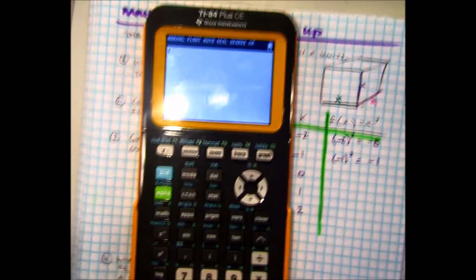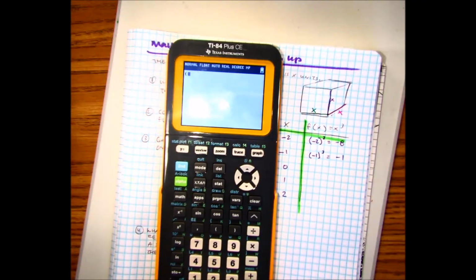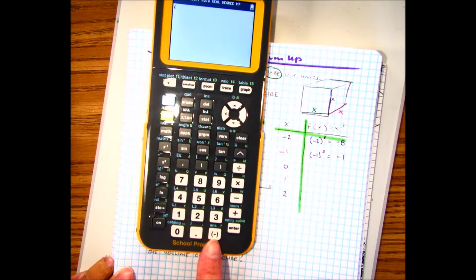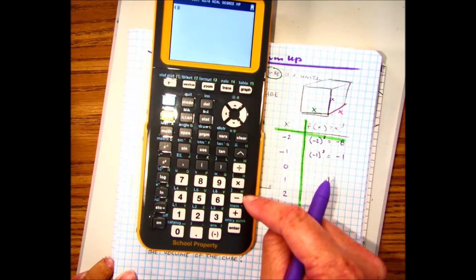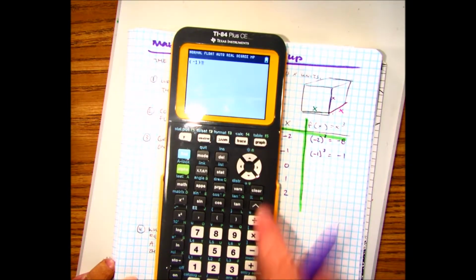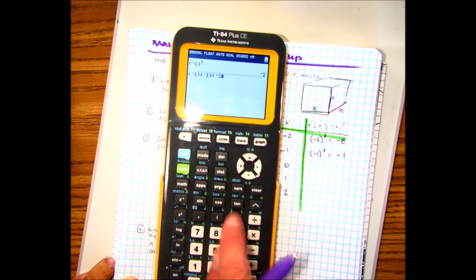Remember the negative sign on your calculator is down here. Both for a scientific and a graphing calculator, this is subtraction, so there's a difference. So I'm putting in -1 caret third power gives you -1. You can also do -1 times -1 times -1.